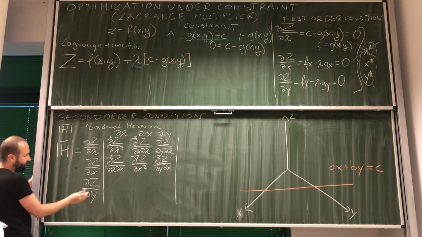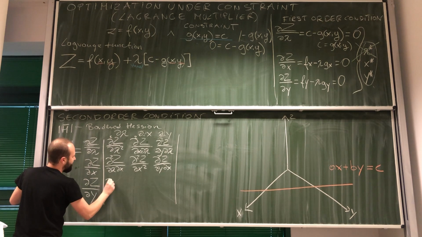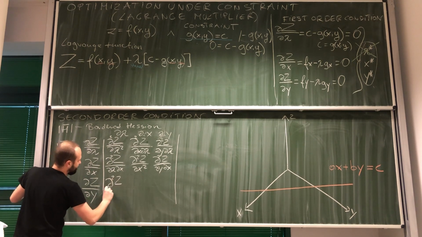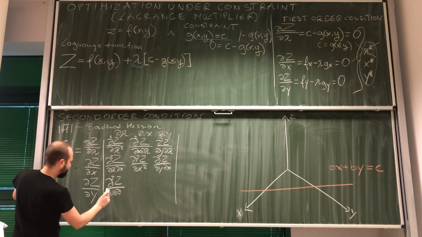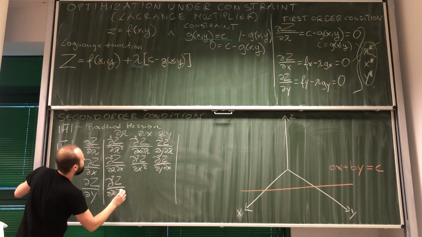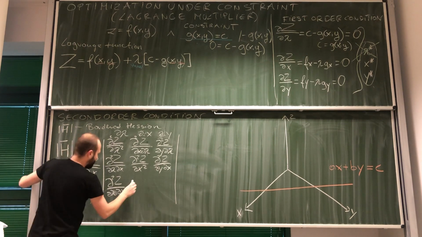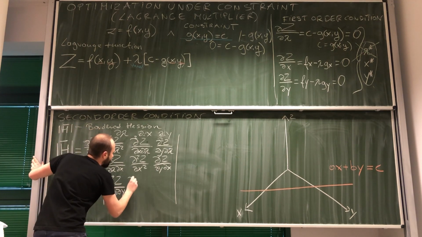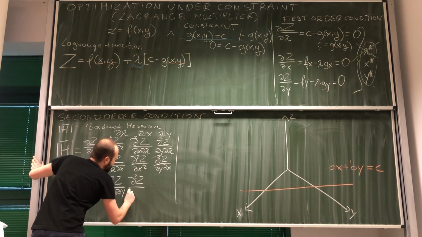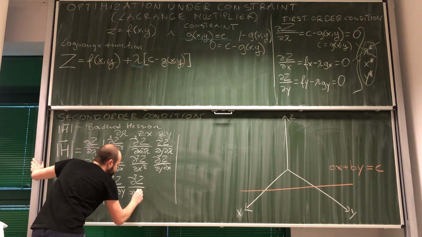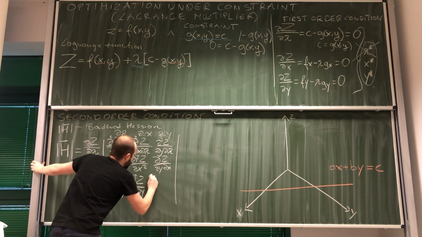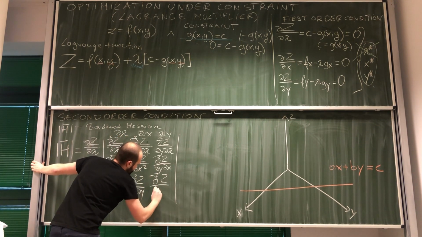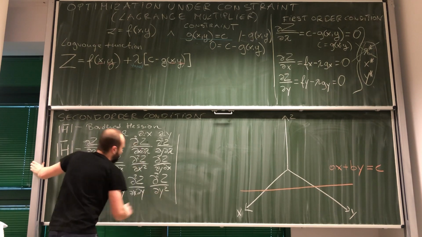And now we differentiate this with respect to lambda, so we have d square z d lambda d y. Here we would have d square z, now we have dx dy, and now we have d square z dy squared.